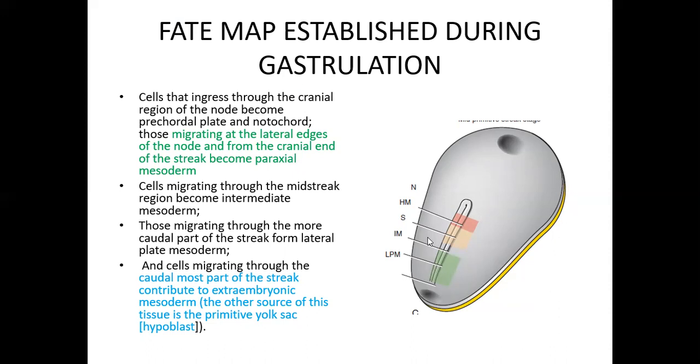So they will organize into the disc: along the axis will be the paraxial, then adjacent to it the intermediate, and lateral most will be the lateral plate mesoderm. The cells migrating through the caudal most part of the streak will contribute to the formation of extraembryonic mesoderm, along with another source, the primitive yolk cells, that is the hypoblast cells.